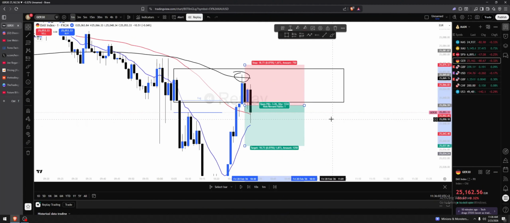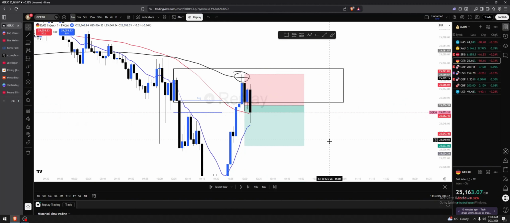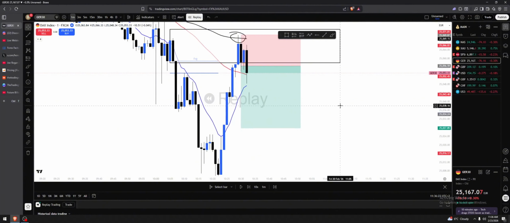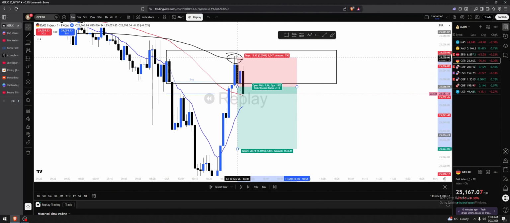So the entry would be here, the stop loss would be here, and my target would be right here at this, or at this. Maybe I think it was like a 1 to 2 risk to reward, and this was, yeah, something like that.